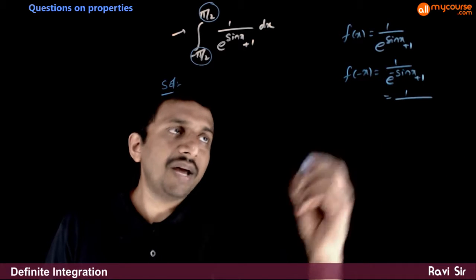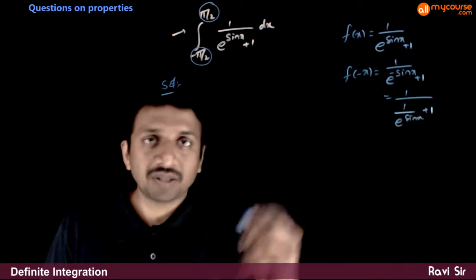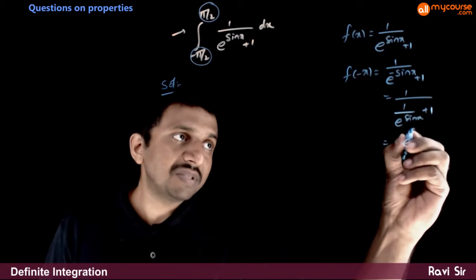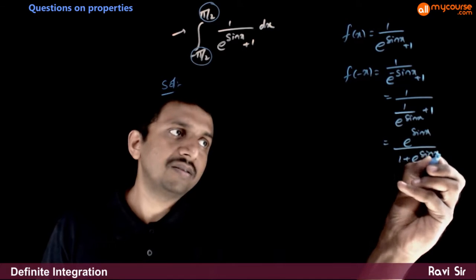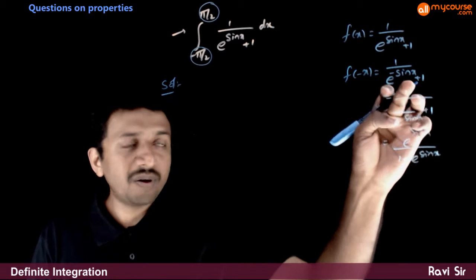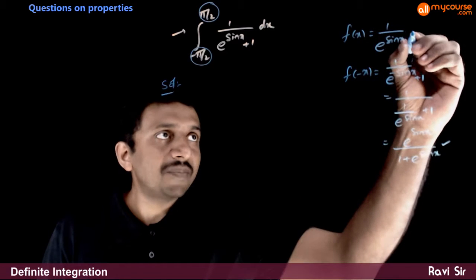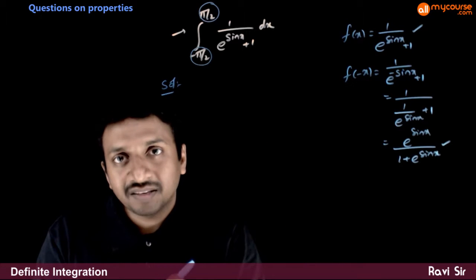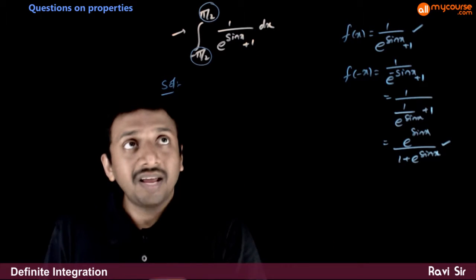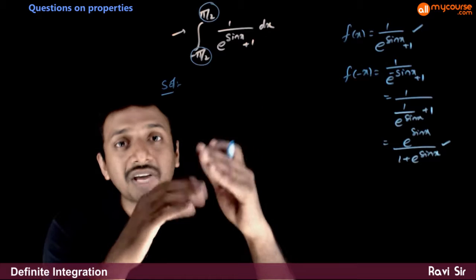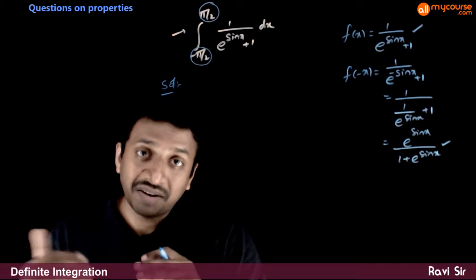That is equal to 1 by e power minus sin x plus 1, and if you take LCM, it becomes e power sin x by 1 plus e power sin x. So this function is completely different from the original function. This function is neither even nor odd, and the difficulty is that it cannot be split into even parts and odd parts, as we have done in previous questions.